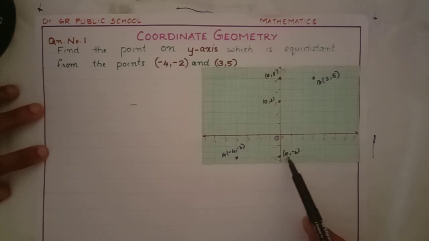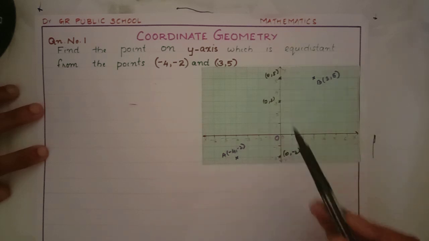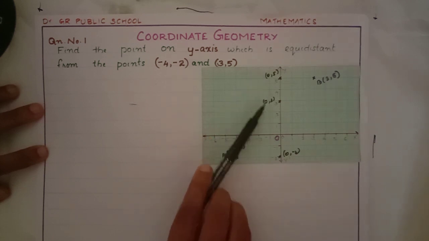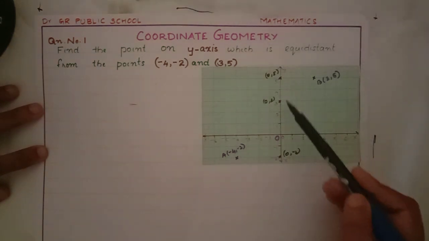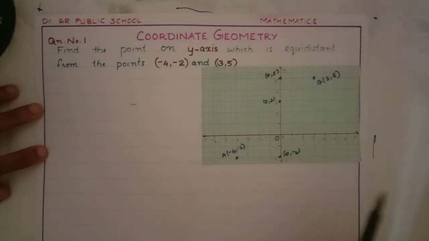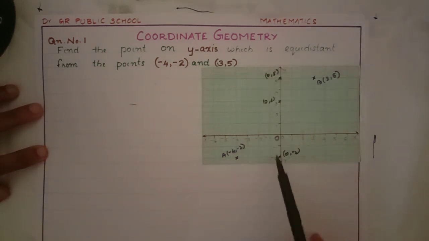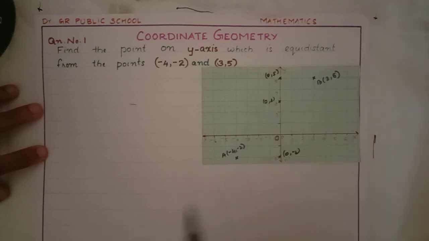So this is also (0, -2). What speciality have you seen in these three points? In all the points the x coordinates are 0, isn't it? So consider any point on the y-axis, the x coordinate will be 0. So the required point will have x coordinate 0.